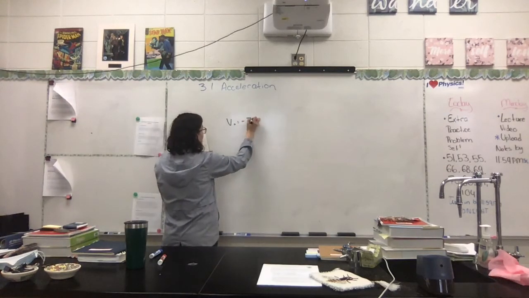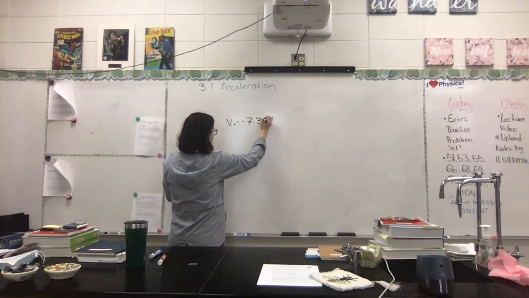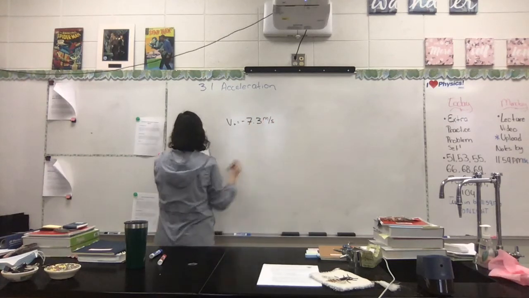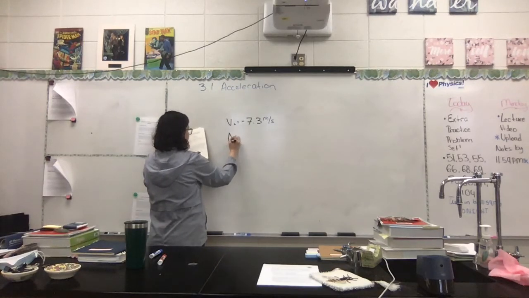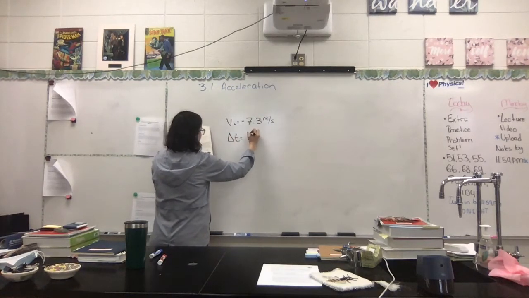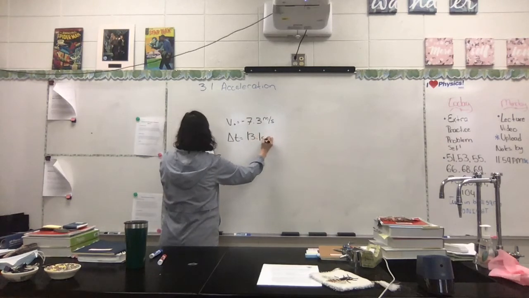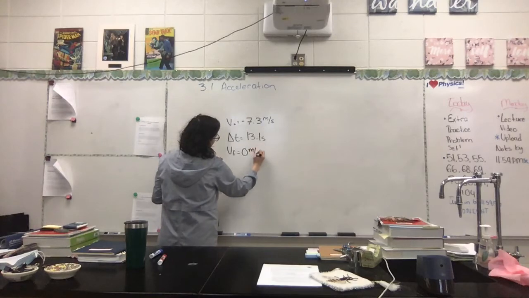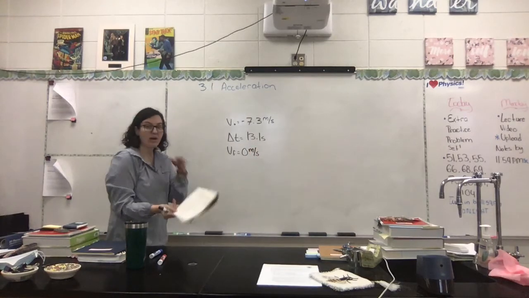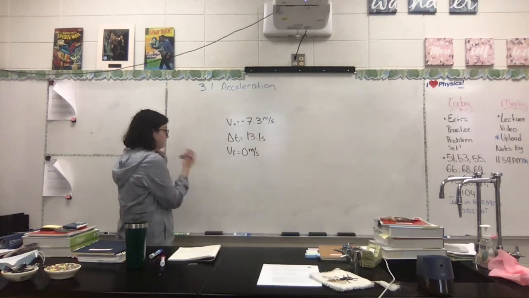Now it's been going in the negative direction, so negative 7.3 meters per second. And it comes to rest in 13.1 seconds, which means that its final velocity is going to be 0 meters per second. And we want to know what's the average acceleration of it now.